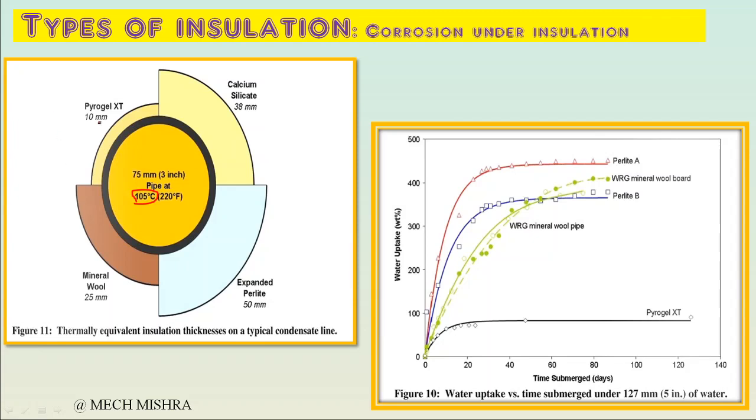Pyrogel can conserve the same heat at 10 mm thickness, but if we apply mineral wool, it requires 25 mm thickness. Calcium silicate will require 38 mm thickness to preserve the same heat. And expanded perlite requires a higher thickness of 15 mm for conservation of the same heat. So depending on our insulation system, the thickness is decided.